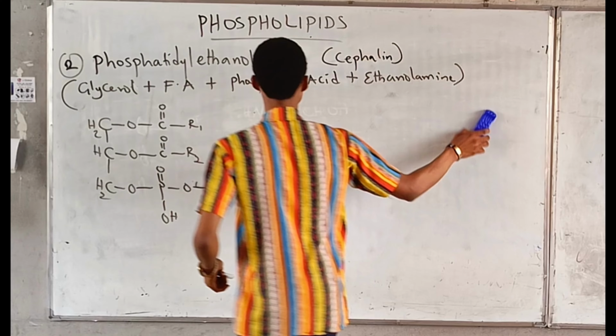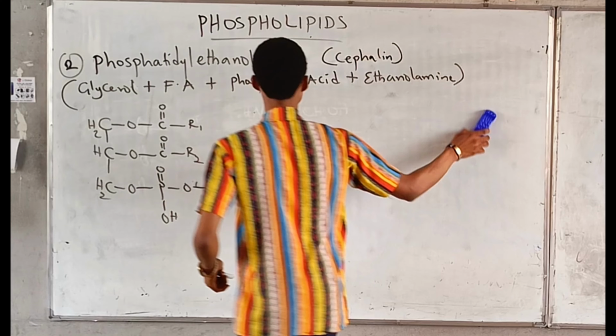This is ethanol. Then they say ethanolamine, meaning you are adding an amino group to ethanol, and amino group is NH2, is it not? So I'll attach NH2 here. This is my ethanolamine. This is the structure of ethanolamine.